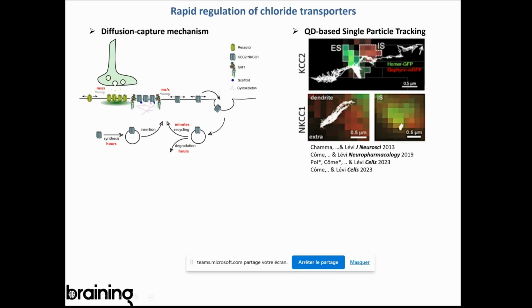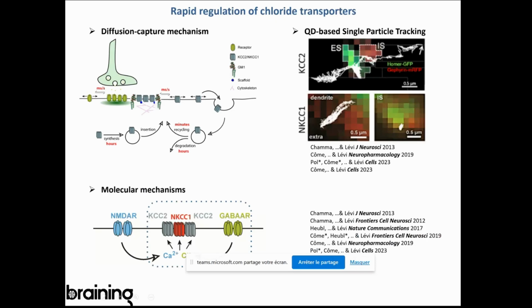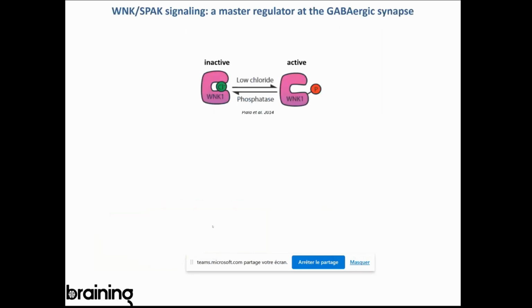And this is also very rapidly regulated by activity. And we are now focusing on the regulation of this transporter by the GABA A receptor itself. And we found that actually GABA regulates this transporter very rapidly by chloride itself.